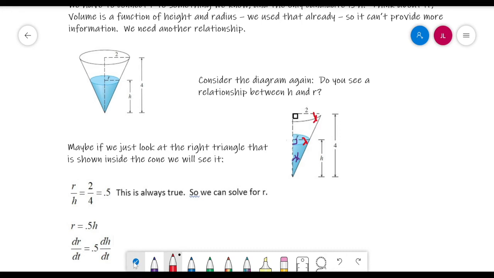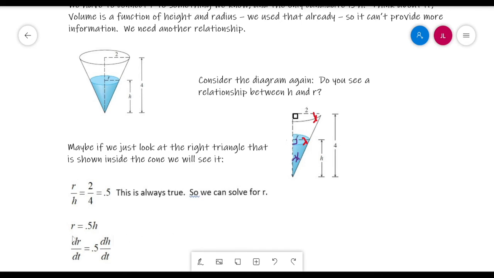If they're similar triangles, and all the respective angles are congruent, then the respective sides will be proportional. So the radius divided by the height is always going to be the same. The radius of the empty container, 2 meters, divided by its height, 4 meters, that's 2 over 4 or a half, is going to be the radius divided by the height at any point in time.